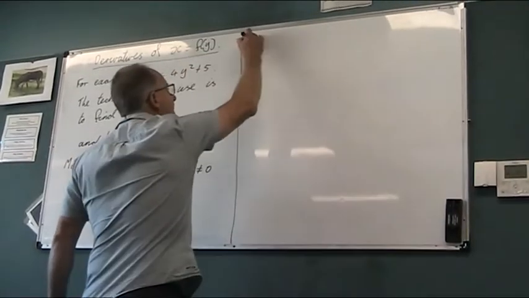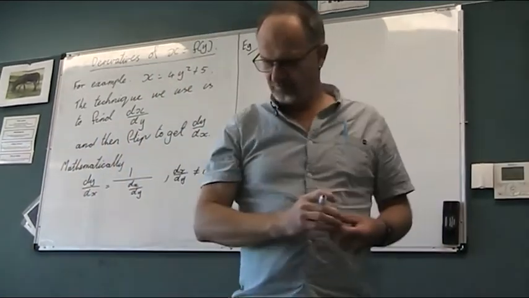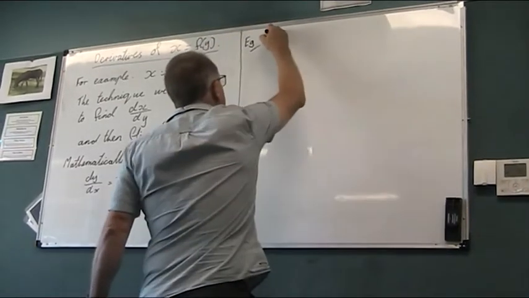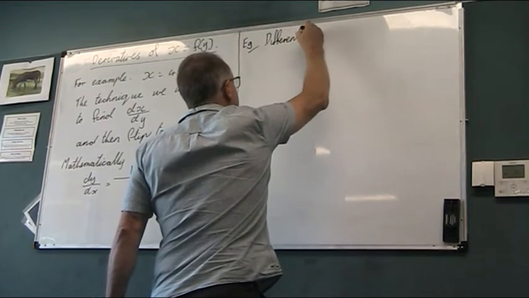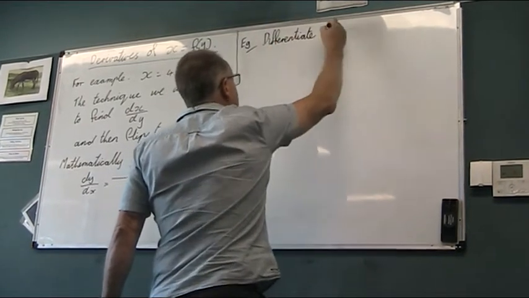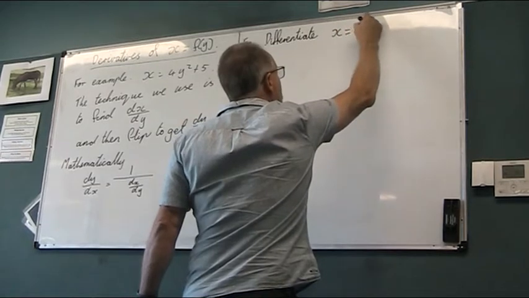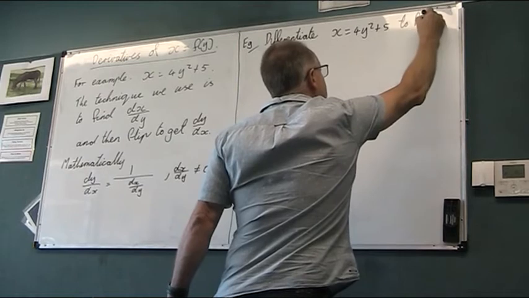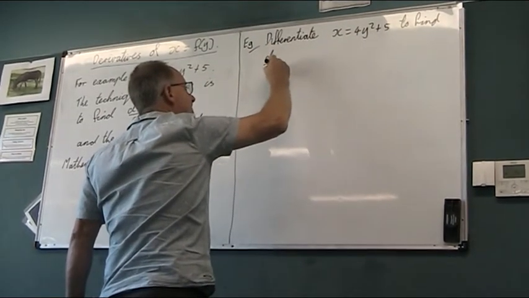So let's have a look at an example, or some examples. So we want to differentiate, going to use that one over there, 4y squared plus 5, to find dy/dx.